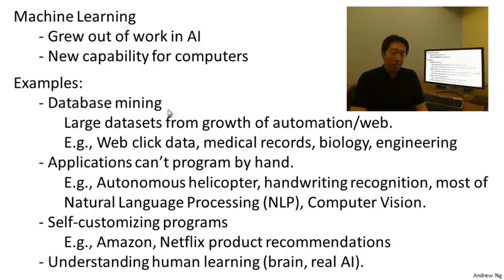Here at Stanford, the number of recruiters that contact me asking if I know of any graduating machine learning students is actually far larger than the number of machine learning students we actually graduate. So I think there's a vast unfulfilled demand for this skill set. So this is a good time to be learning about machine learning, and I hope to teach you a lot about machine learning in this class.